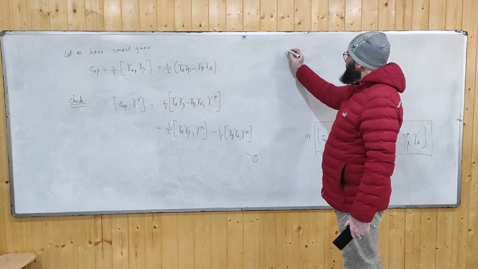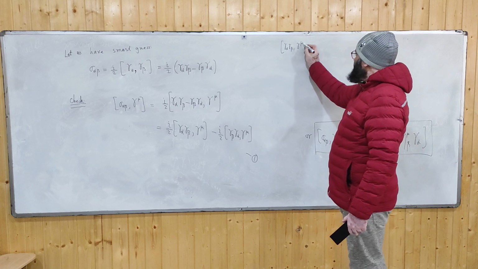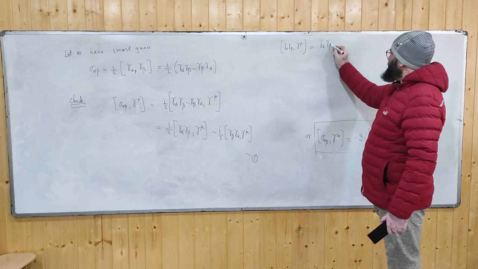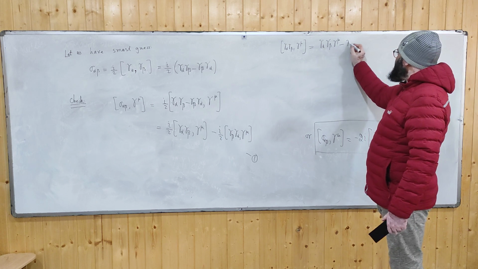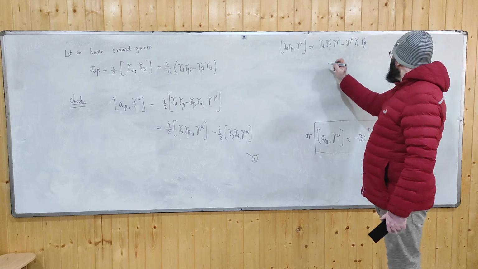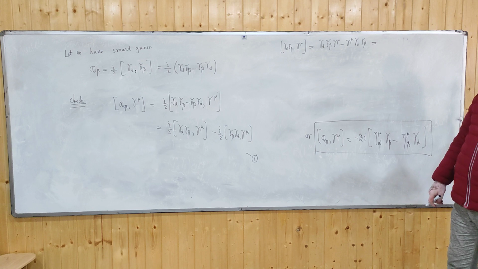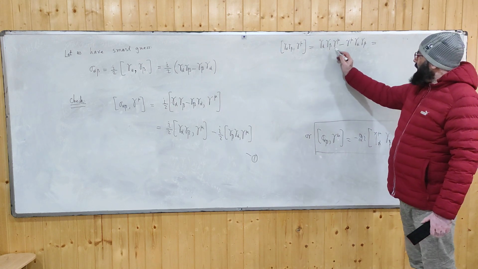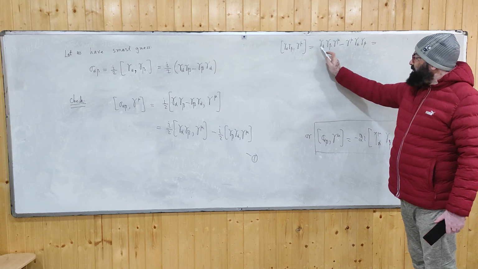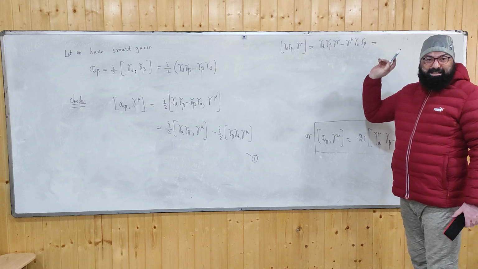So what is the commutator? Gamma alpha gamma beta gamma mu. How will I write it? Gamma alpha gamma beta gamma mu minus gamma mu gamma alpha gamma beta. I will displace this gamma mu to this side, so that term will cancel with this very term.